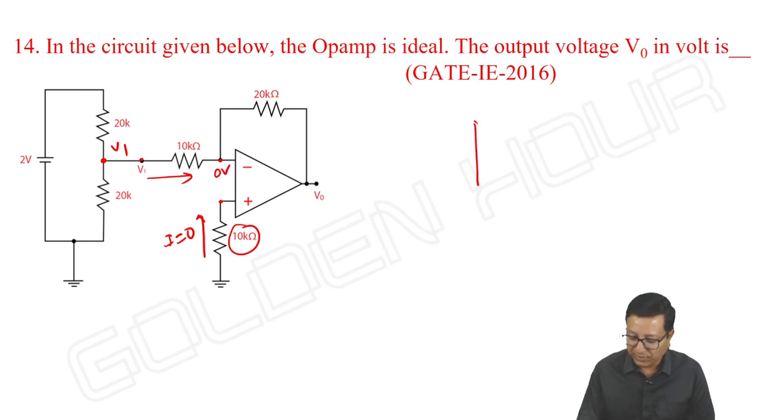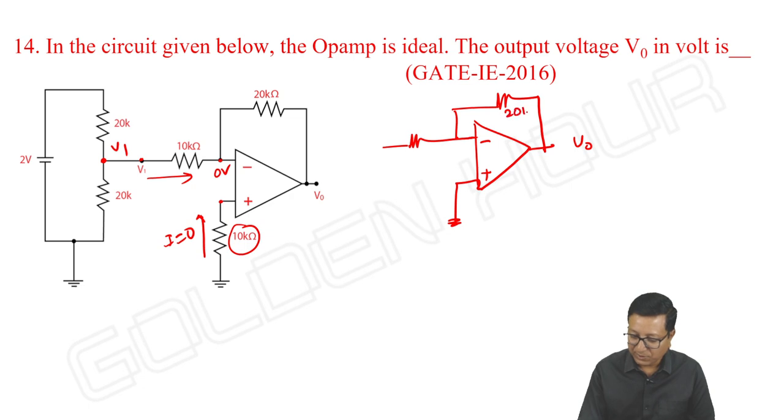I am just redrawing the circuit. The non-inverting terminal is connected to ground. Output, 20K, 10K, 2 volts, 20K, 20K.